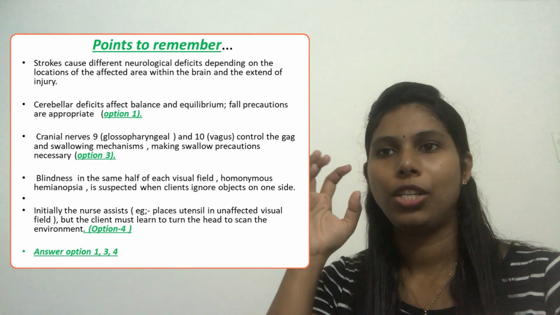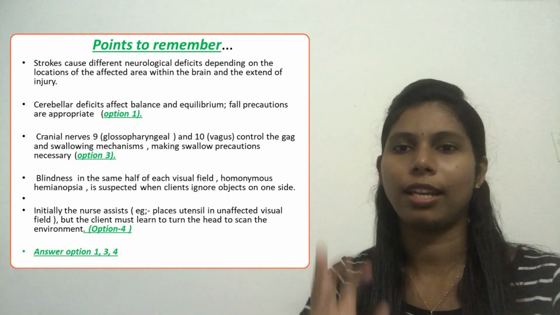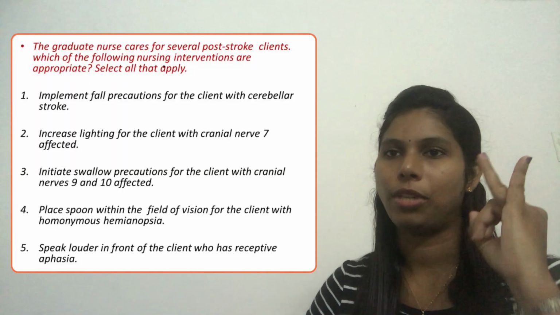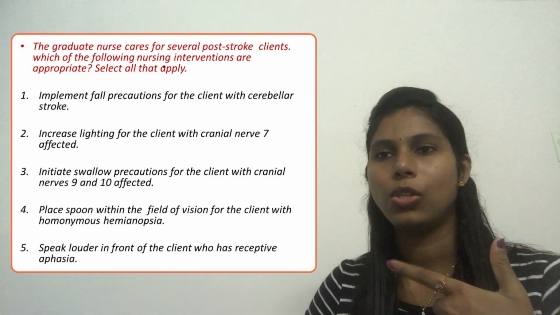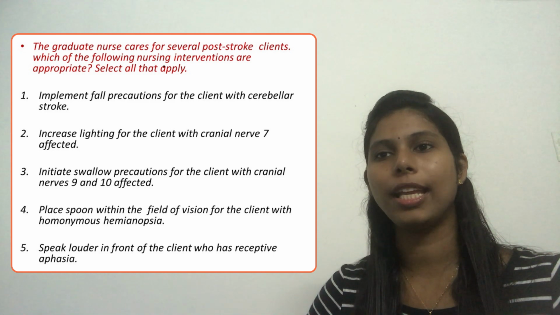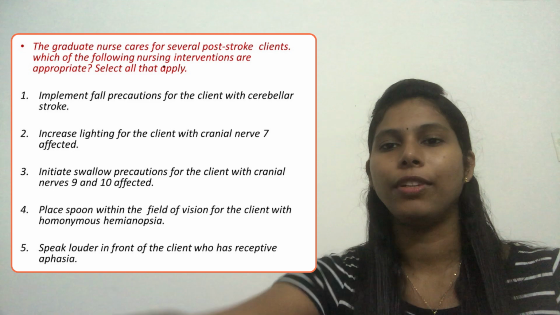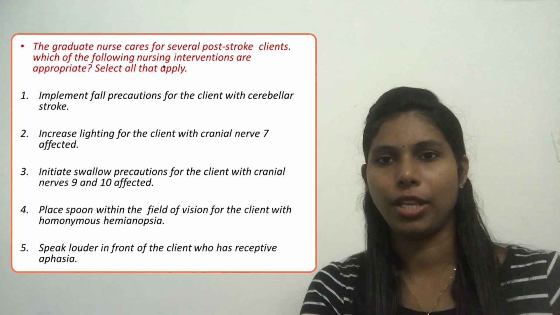So initiating swallow precautions is very essential and this is a correct intervention. Now we have 2 answers, option 1 and option 3. Option 2 we eliminate, so we have only 2 more options. We'll see option 4, which says place spoon within the field of vision for the client with homonymous hemianopsia.